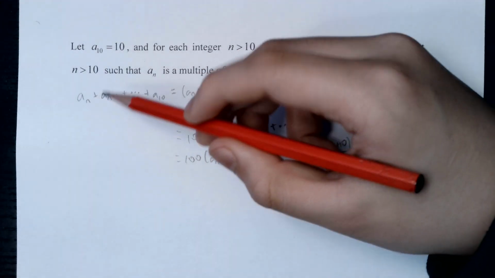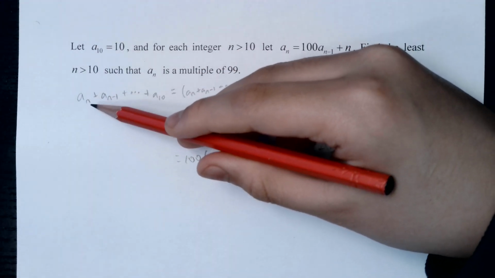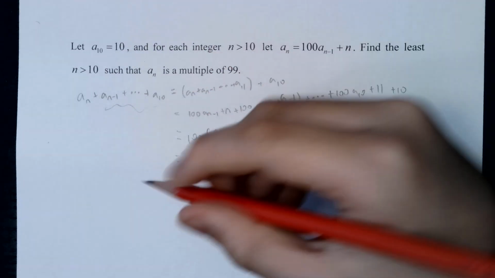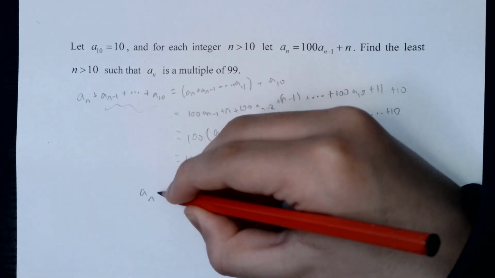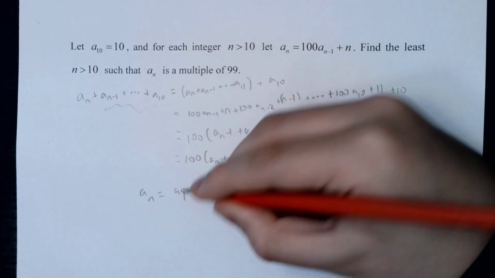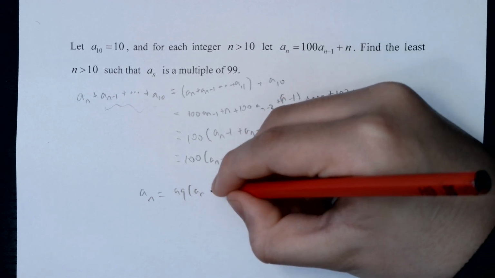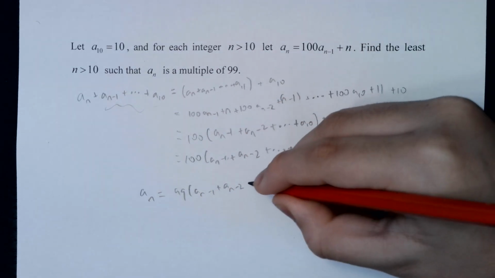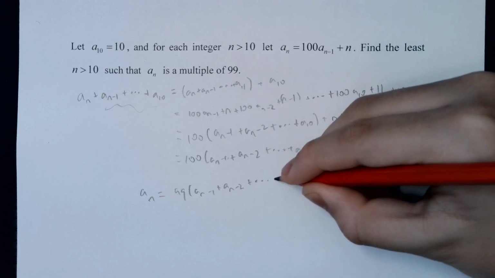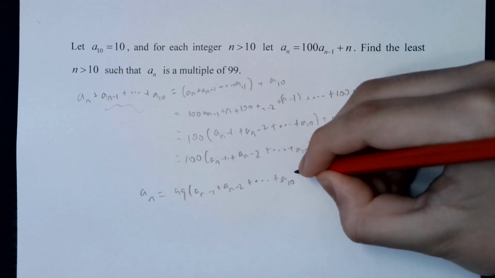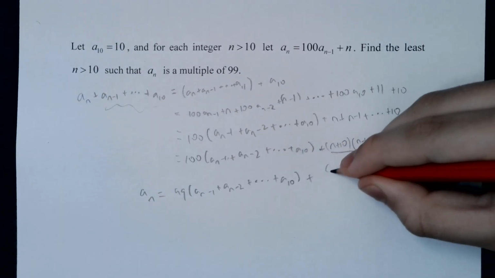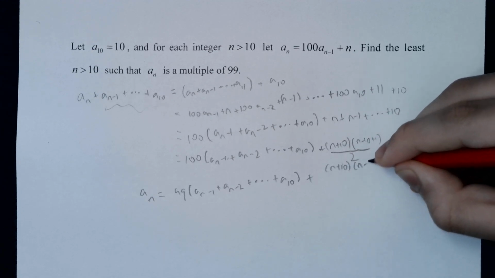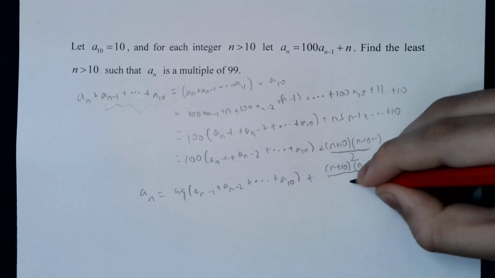Now, from here, we can look at this part of the equation from the original, which is an all the way down to a10. We can move this over and solve for an. So an is going to be equal to 99 times an minus 1 plus an minus 2 plus dot dot dot all the way down to a10, plus n plus 10 times n minus 9 divided by 2.